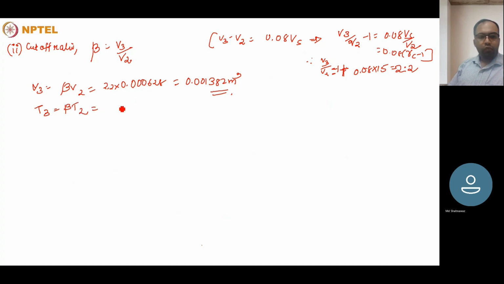Temperature is directly proportional to the volume, so T2 by V2 is equal to T3 by V3. T2 at the exit we have calculated to be 909.4 Kelvin. So the peak temperature in the process will be 2001 Kelvin.